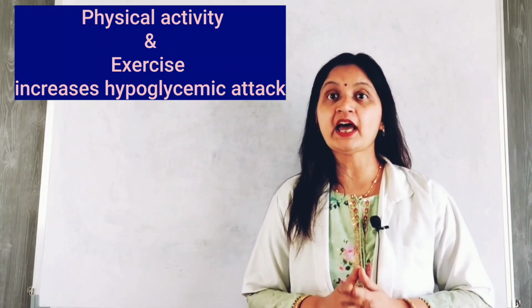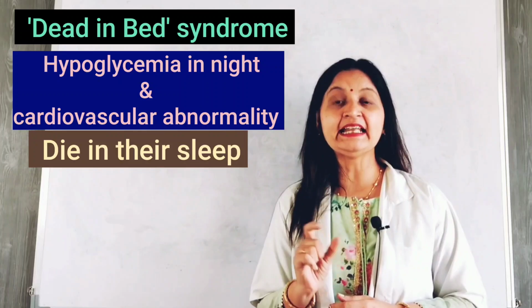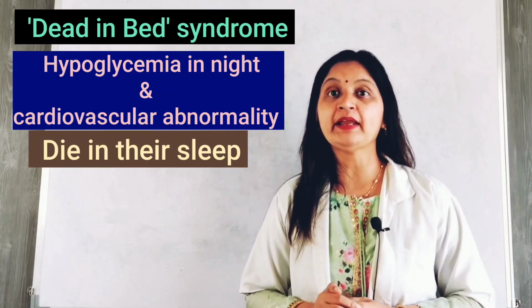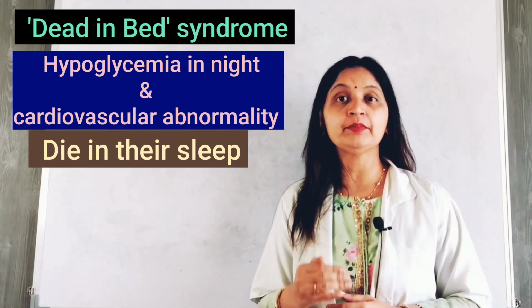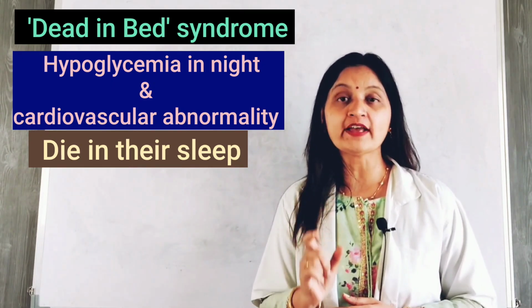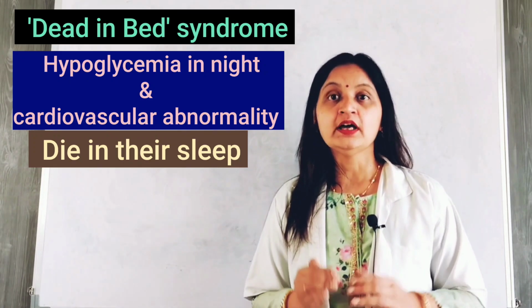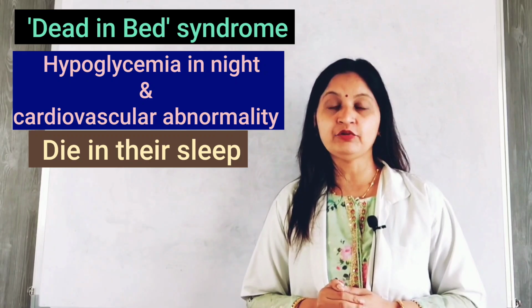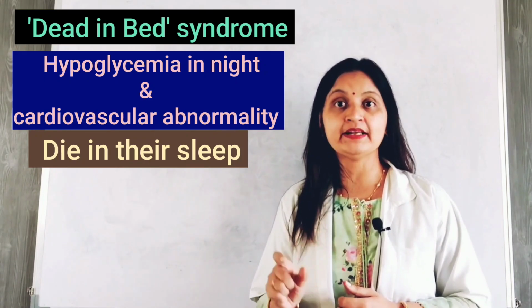Repetitive severe hypoglycemic reactions can cause permanent neurological damage and can cause worsening of retinopathy. There is a syndrome known as dead in bed syndrome, which is described in diabetic patients on insulin therapy. These patients suffer from repetitive hypoglycemia and also have an underlying cardiovascular abnormality, and this predisposes them to hypoglycemic attacks, and therefore these patients die in their sleep, and this is known as dead in bed syndrome.